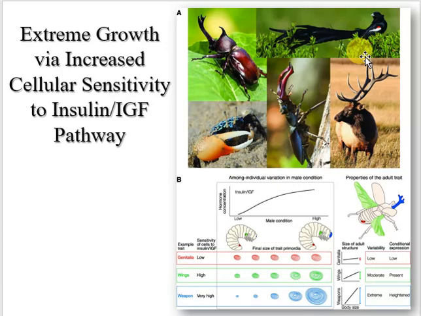And I think that is what's responsible for these extreme growth periods, or the actual significant growth that is seen in these structures.